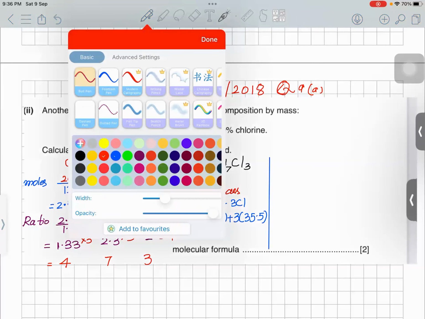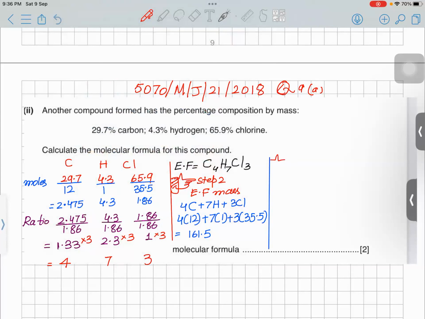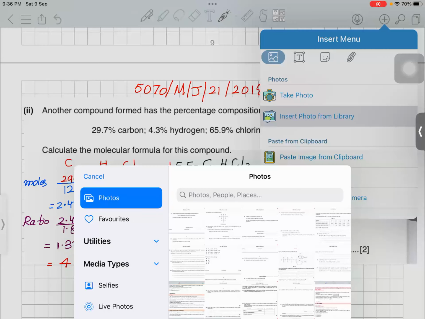Now the next step is the molecular formula. Molecular mass is given. Where is the molecular mass?